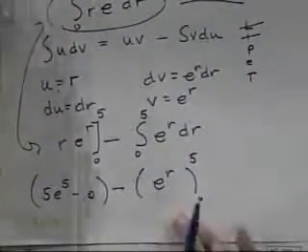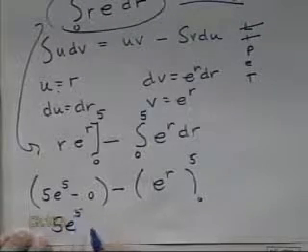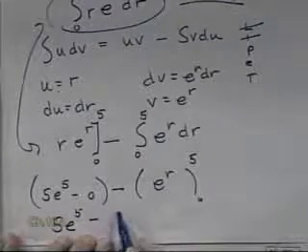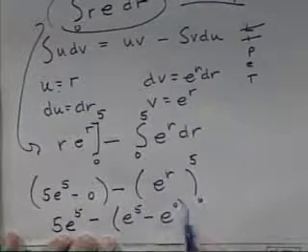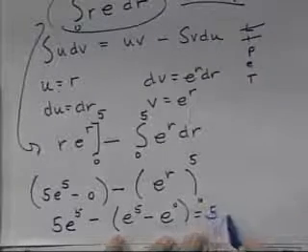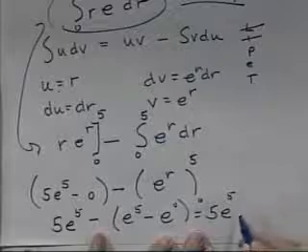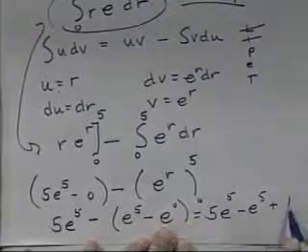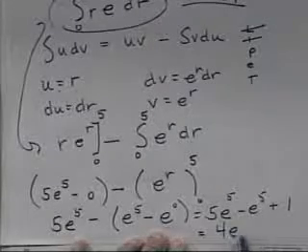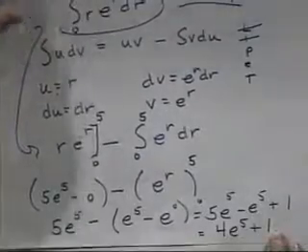So it looks like I have 5e to the 5th minus e to the 5th minus e to the 0, which gives me 5e to the 5th minus e to the 5th, and minus a minus is plus, e to the 0 is 1. So it looks like I have 4e to the 5th plus 1. Okay, everybody with me? All right.